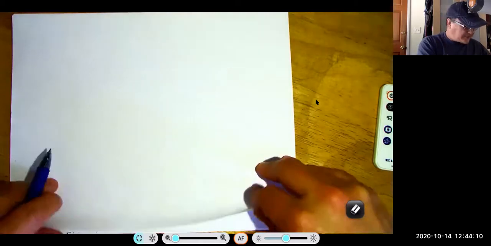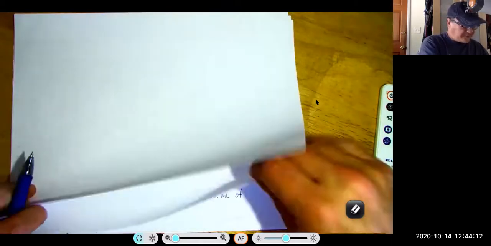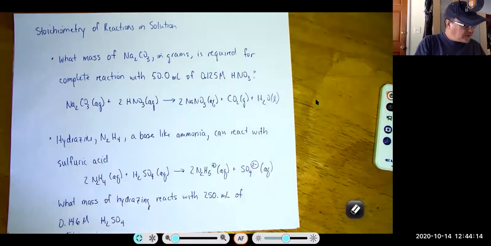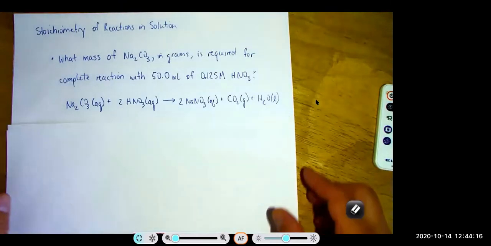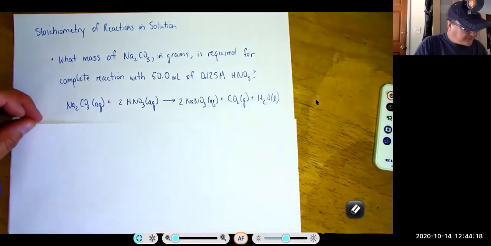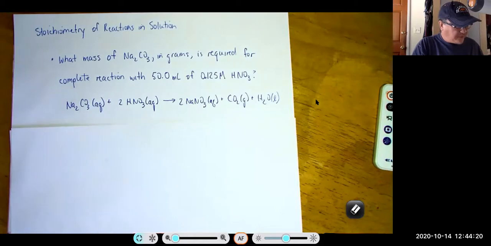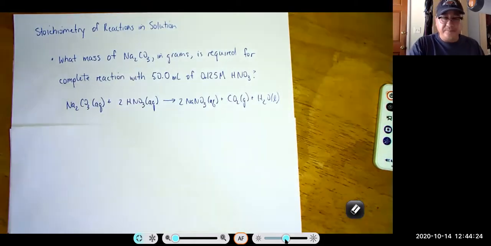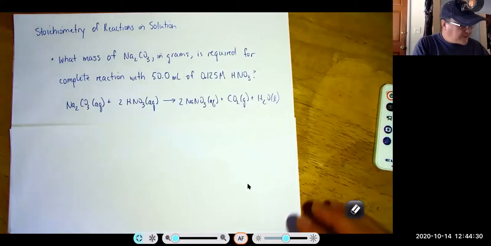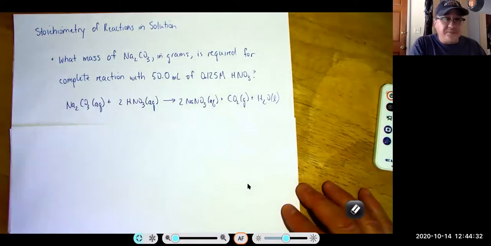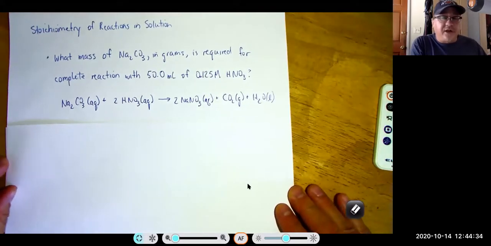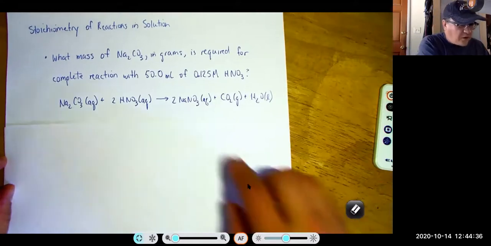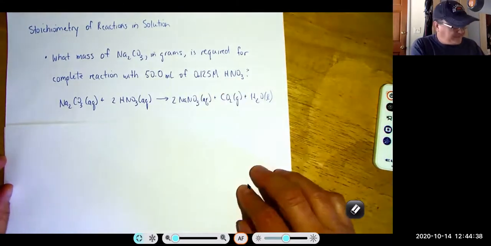Okay, time to do some problems. So here we go. This is a stoichiometry of reactions and solutions problem. What mass of sodium carbonate is required for a complete reaction with 50 mL of 0.125 molar HNO3?